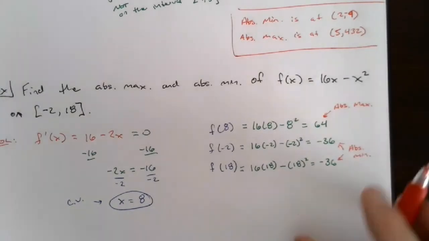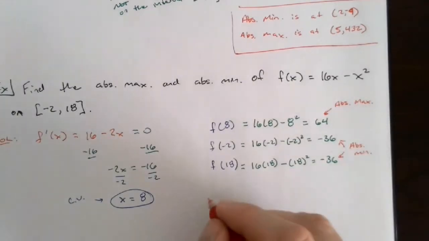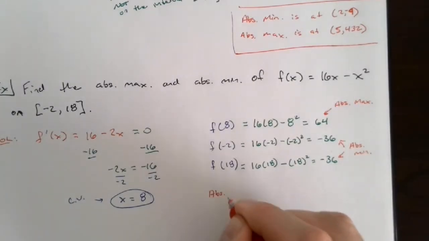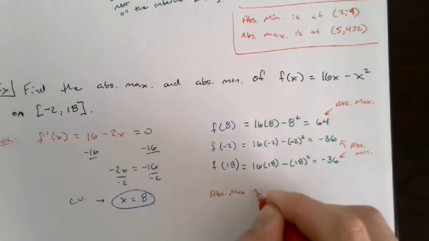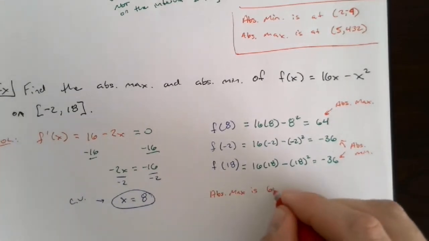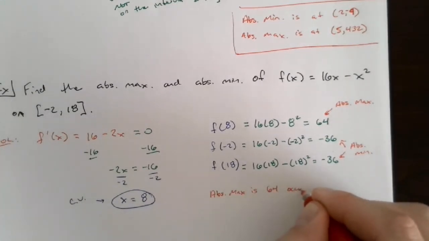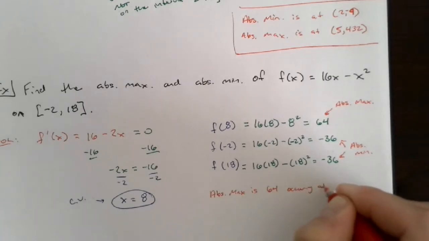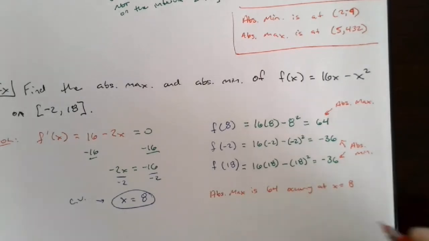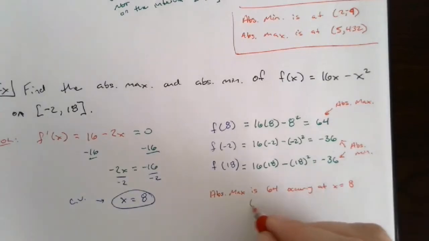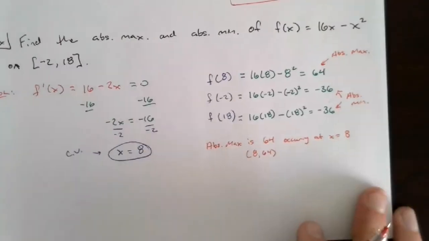Alright, so the absolute max, just writing it out here, the absolute max is 64, occurring at x equals 8. In other words, it's the point 8, 64 if you're looking for it on the graph.